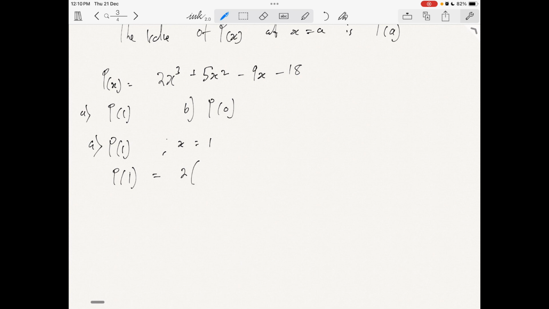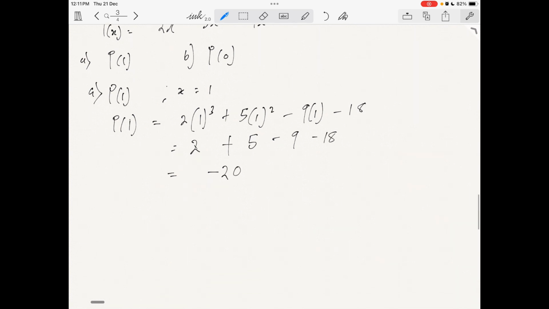So that will give us 2(1) raised to the power 3 plus 5(1) raised to the power 2 minus 9(1) minus 18, and this will give us 2 plus 5 minus 9 minus 18, which in total gives us minus 20. Now the same thing happens with p of 0.